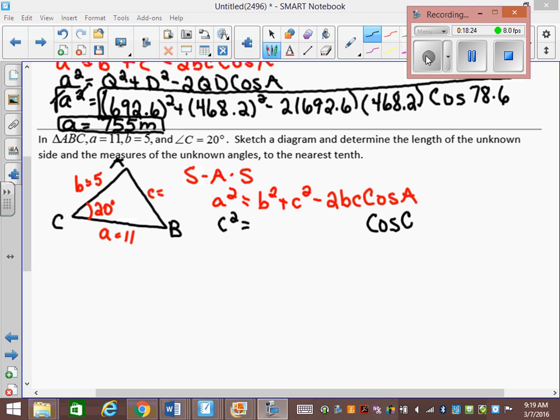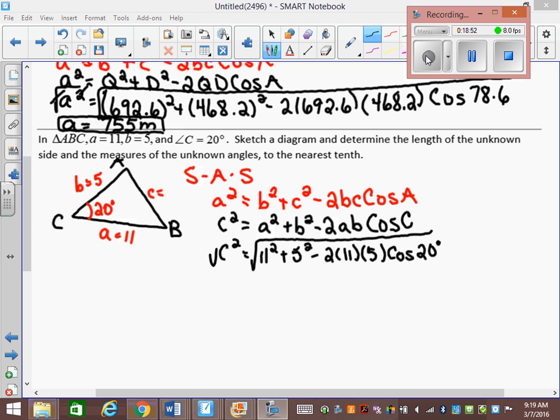The other sides are A and B. So A squared plus B squared minus 2AB cos C. Like I just changed the letters. I don't rearrange it to solve for C, right? I change the letters. So now I have C squared equals 11 squared plus 5 squared minus 2 times 11 times 5 cos 20 degrees.